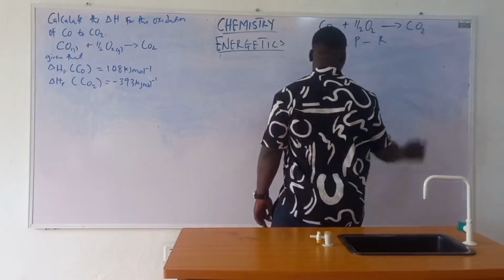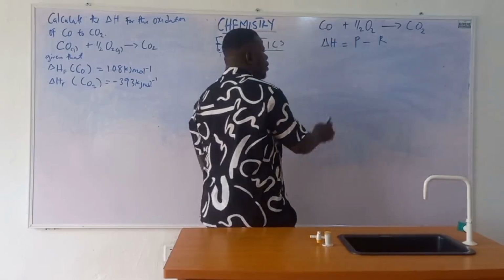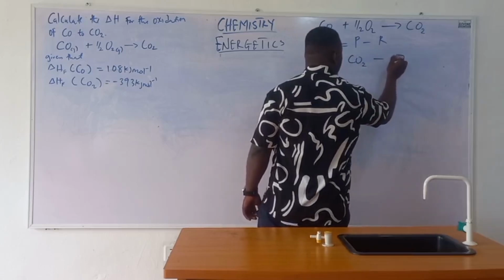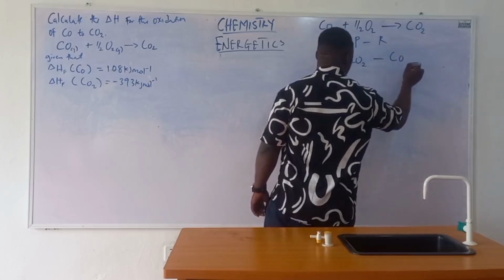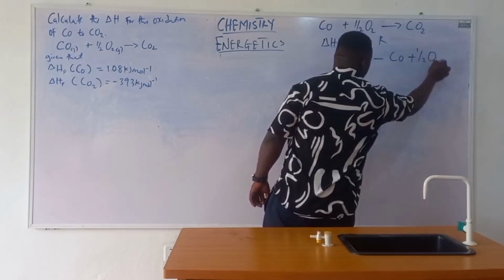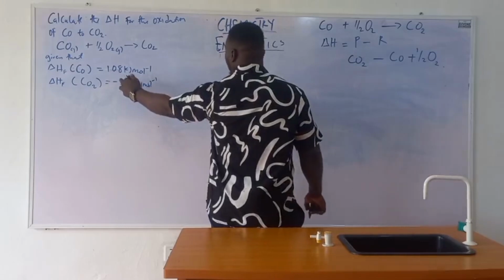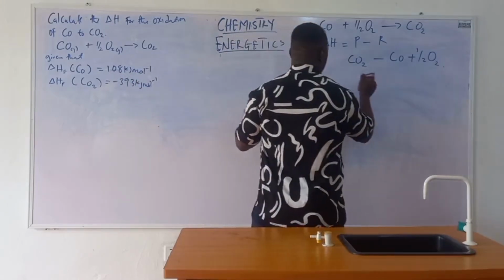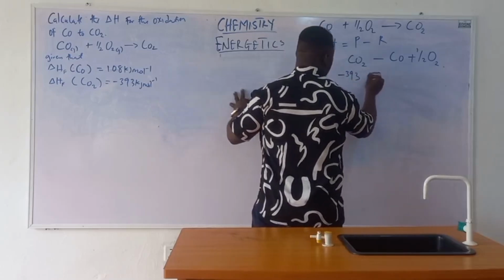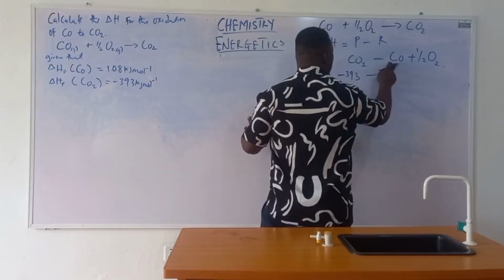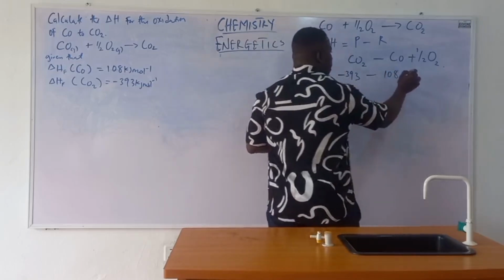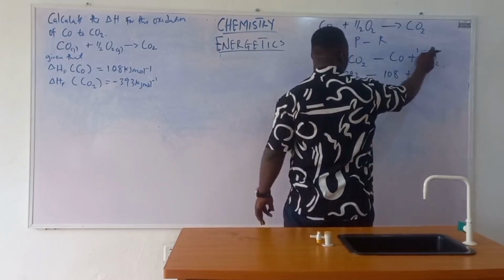Now, the first thing to do is to recall the formula that says the change in enthalpy is the product minus the reactant. So CO2 is the product, minus CO plus 1/2 oxygen. Now they gave us the value for CO2 to be minus 393, minus the value for CO to be 108, plus, they didn't give us the value of oxygen, right?